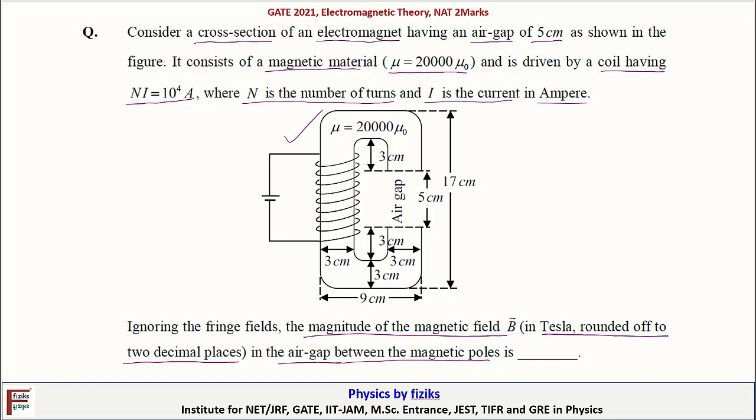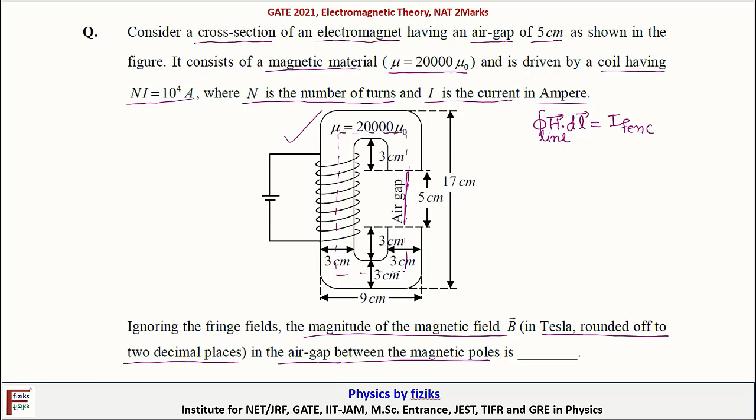So in this question we will use Ampere's law, that is closed integral of H dot dl is the free current enclosed. Let's consider a closed path that includes the core region as well as the air gap region.